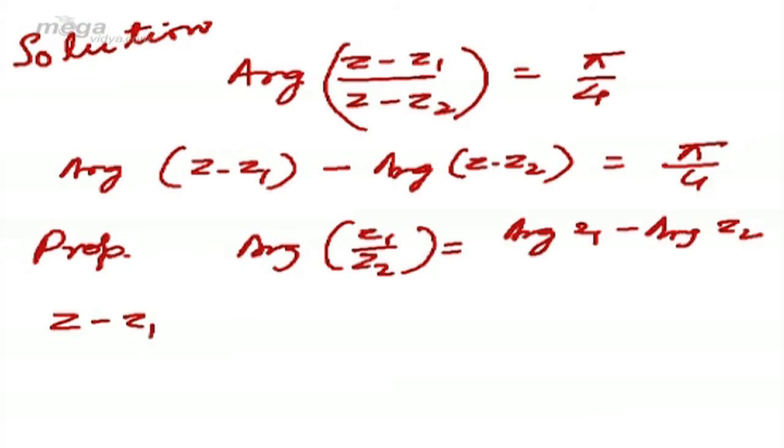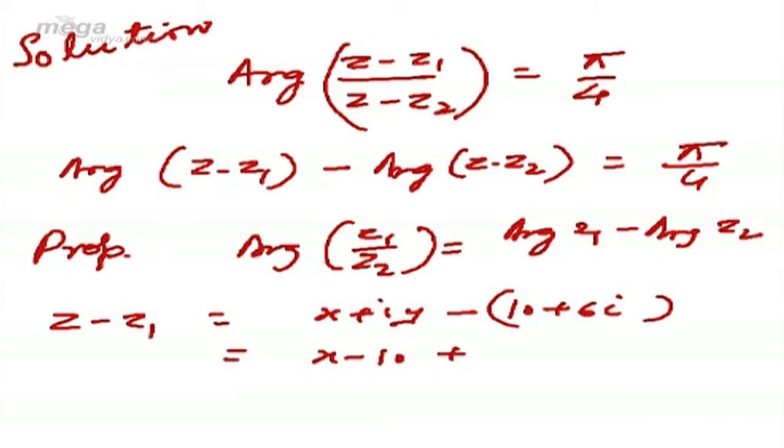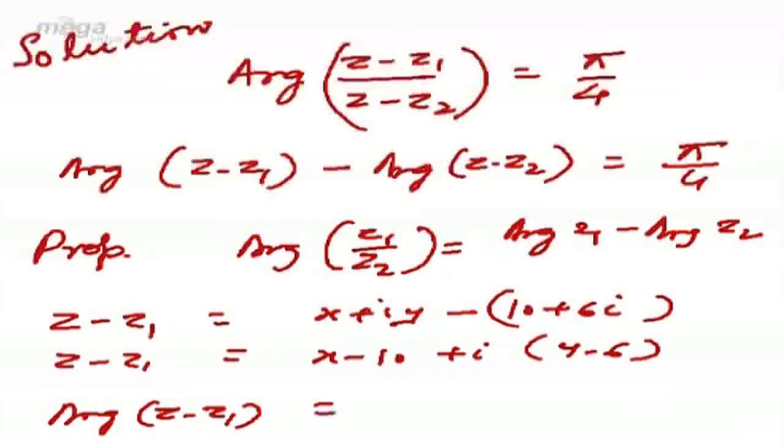Now z minus z1 is equal to x plus iy minus z1, which is x plus iy minus (10 plus 6i), equal to (x minus 10) plus i times (y minus 6). So the argument of z minus z1 is equal to tan inverse of (y minus 6) upon (x minus 10).